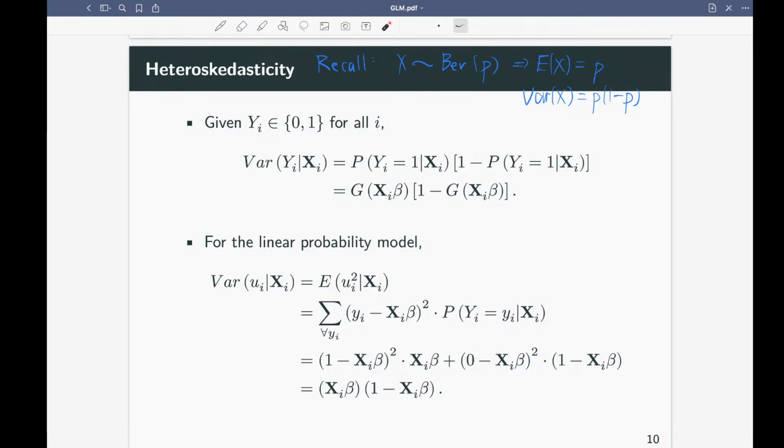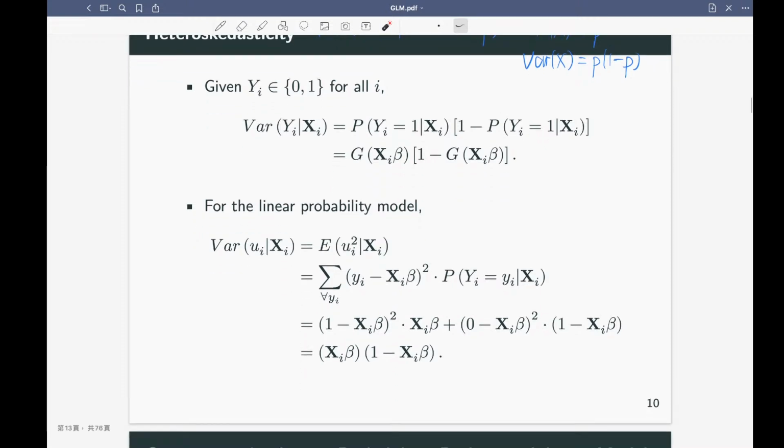Now we focus on the linear probability model. Because this is a linear model, we use the identity link, so we can calculate the variance of the error term. At first, we know in the linear probability model we can use the A1 assumption.